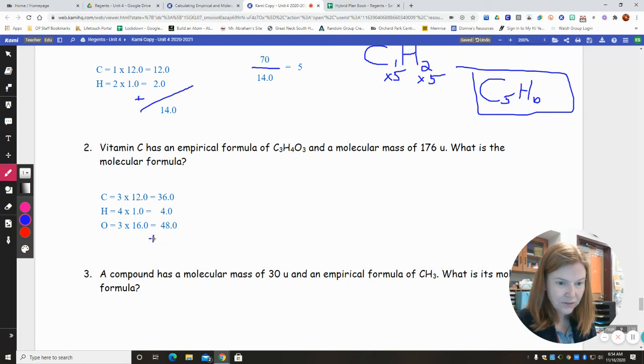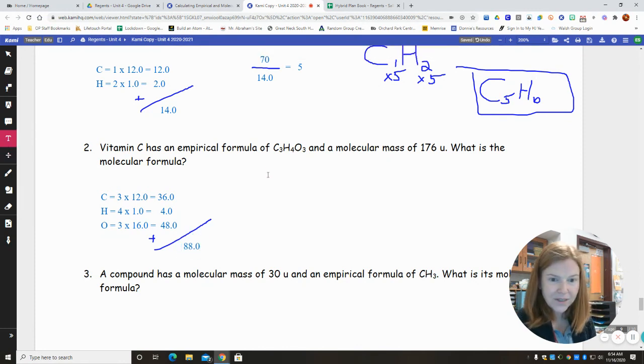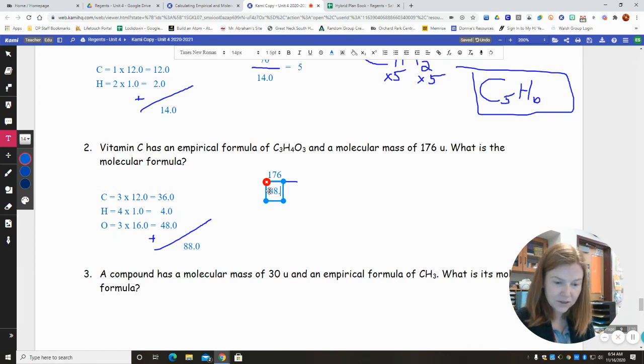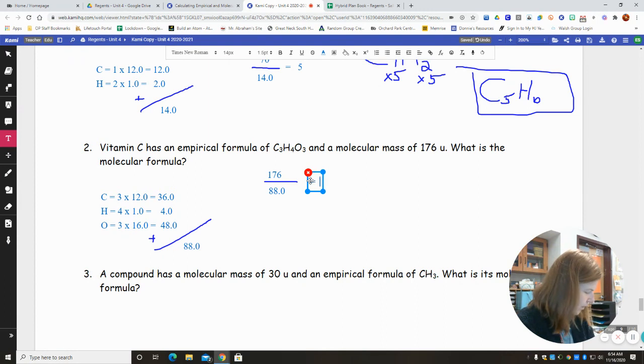Add those together. It's going to be 88.0. Okay. My next step then, take the molecular mass, 176, divided by the molar mass of the empirical, 88.0. I'm going to wind up with 2.